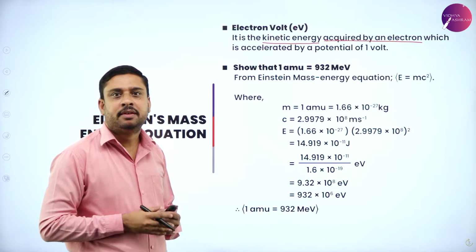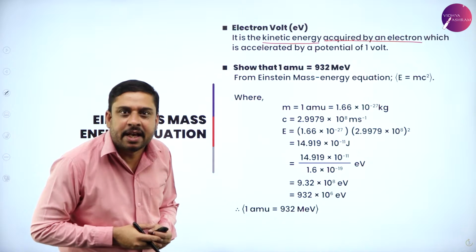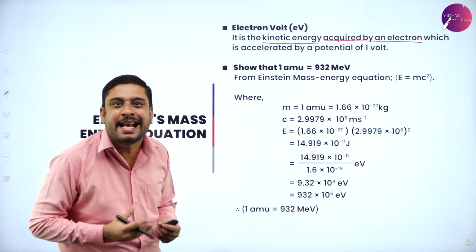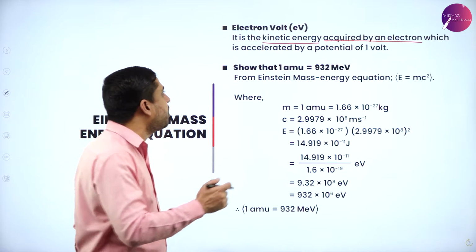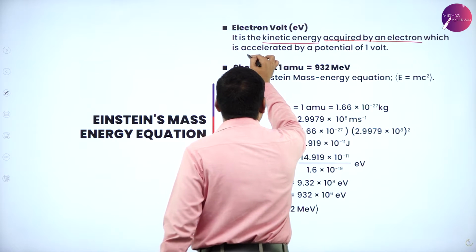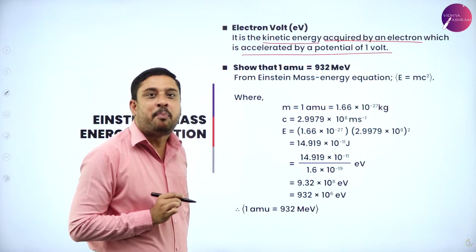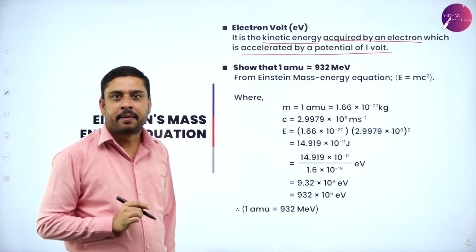Electron volt is the kinetic energy which is taken up by an electron which is accelerated by a potential of 1 volt.